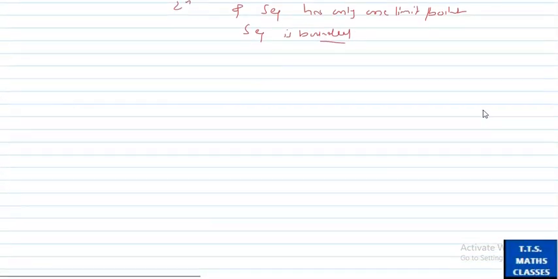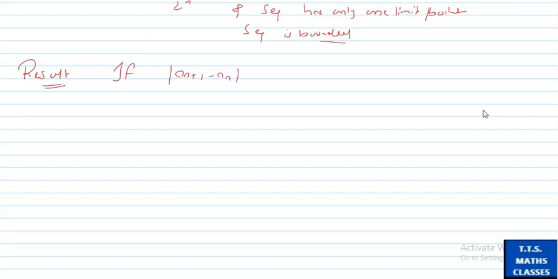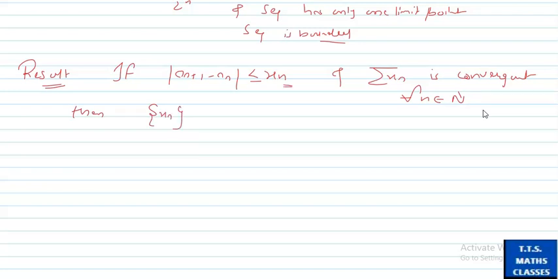Now the other method is by the result. The result is: if the modulus of an plus 1 minus an is less than or equal to xn, and the summation of this xn is convergent for all n belonging to natural numbers, then the sequence an is a Cauchy sequence.